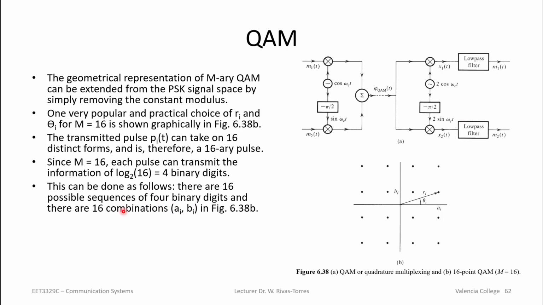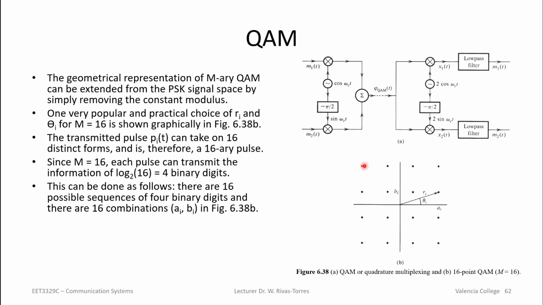Therefore, there are 16 combinations, which is what we're seeing here in figure B of 638b. We're looking at the constellation of a 16 QAM, and we should see 16 dots. Again, this is the ideal constellation. In the real world, there's noise and distortion, so things move around a little bit. But as long as you're within a certain region around a point, you can definitely tell which symbol it is.